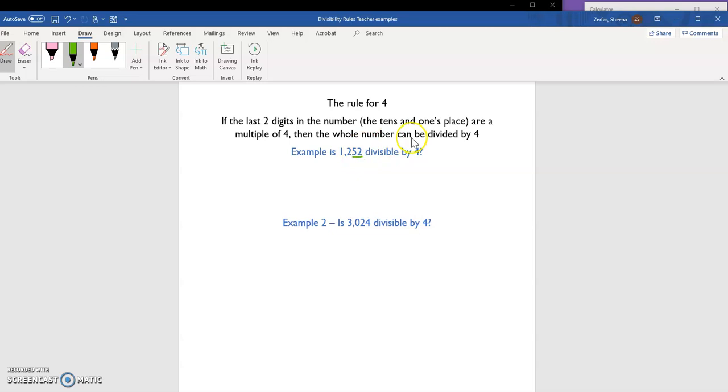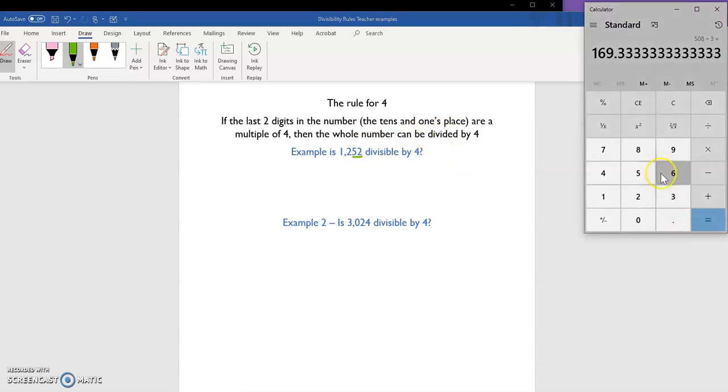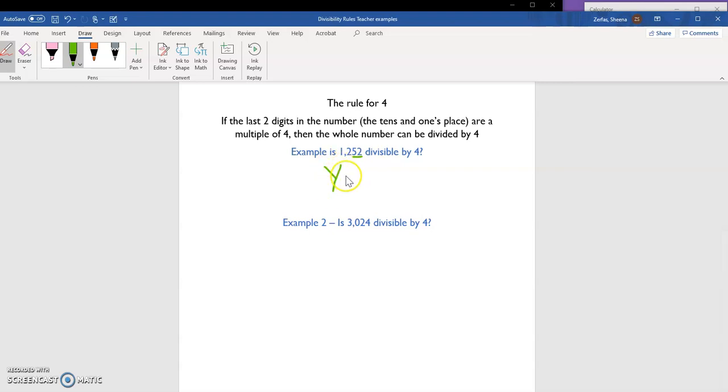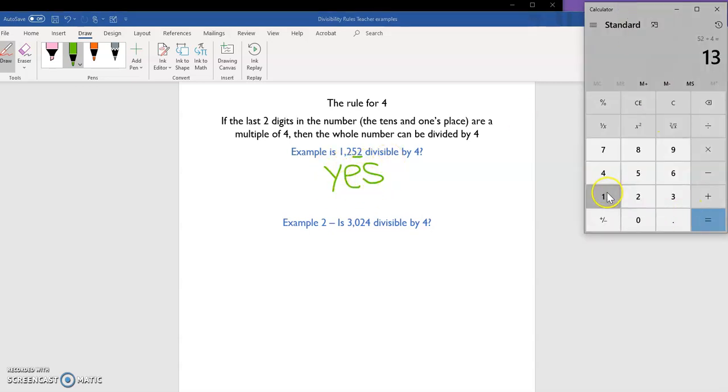I'm not sure if 52 is, so let's check using a calculator for this one. It's 52 divided by 4. That's 4 times 13. So then this entire number, 1,252, is divisible by 4. And we can check our answer again on a calculator. 1,252 divided by 4 is 313.